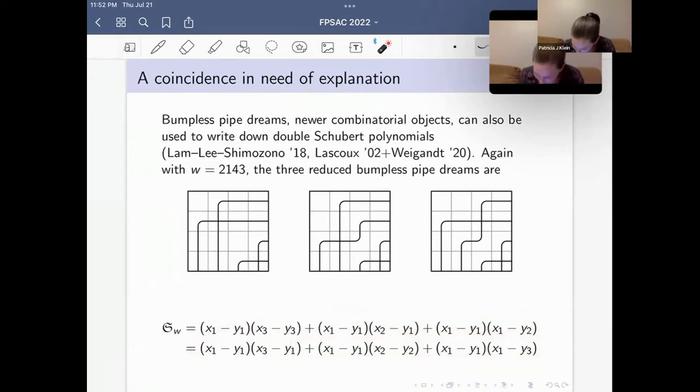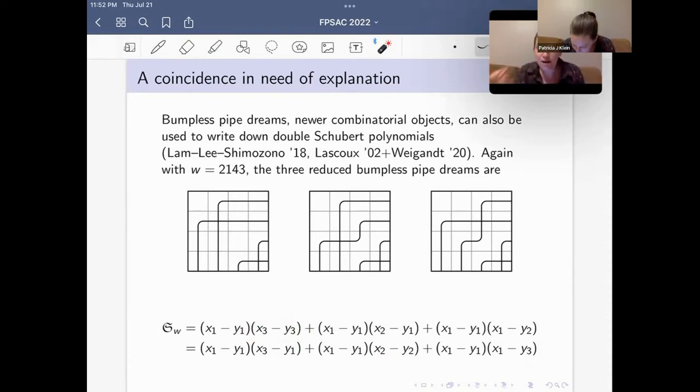And if we FOIL and recollect terms, we can see that these are the same polynomial, but they're not the same polynomial in any sort of obvious way where we map term by term. So it's not the case that this x3 minus y3 appears as any of these terms. So it's the same polynomial, but not in an obvious way.